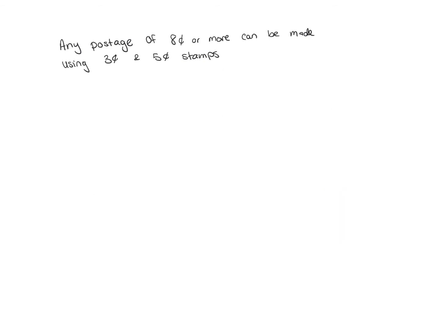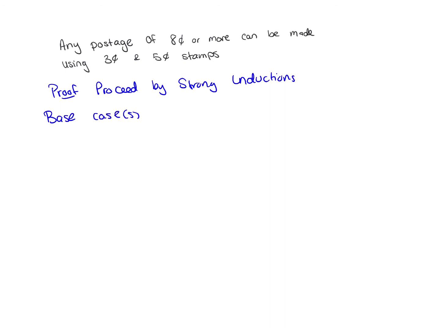Okay, so now let's go back to this proof that we can make any postage of 8 or more cents using 3-cent and 5-cent stamps. We're going to proceed by strong induction. So the first thing I need is my base case, or my base cases. I'm going to go ahead and just have one to start, and we'll come back later and see if we need some more.